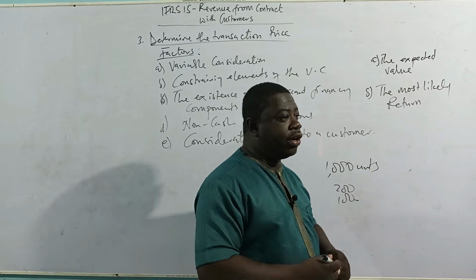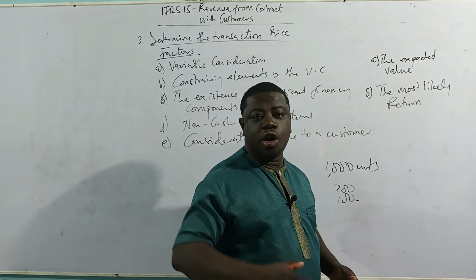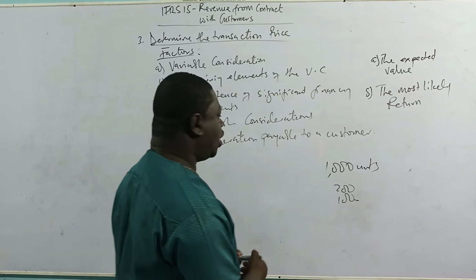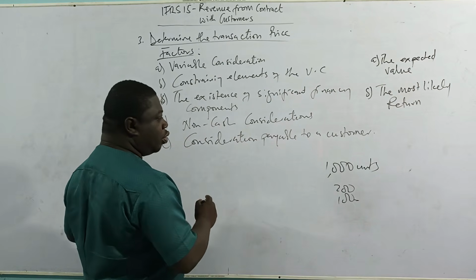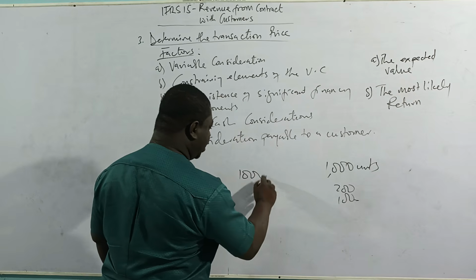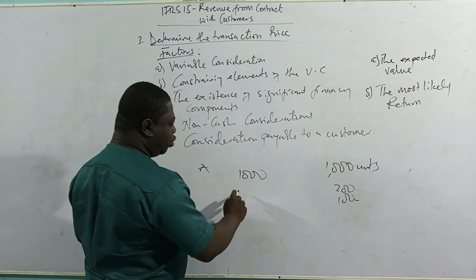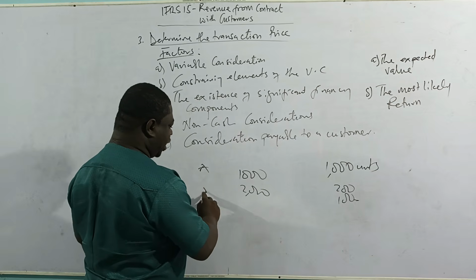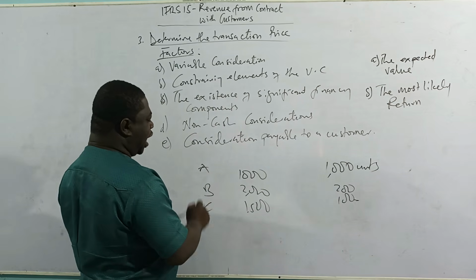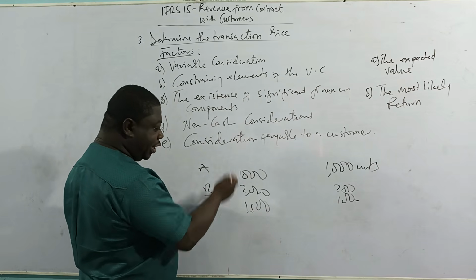What is the expected value? The expected value is about finding the weighted average of all the possible considerations and their probabilities of occurring. So for example, you know that you are likely to get 1,000 units if the chance A occurs, 2,000 cedis if chance B occurs, 1,500 if there is a chance C, and all these chances will have their weights or probabilities of occurring.